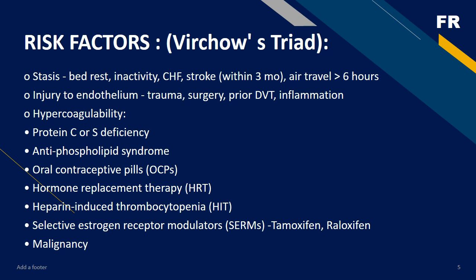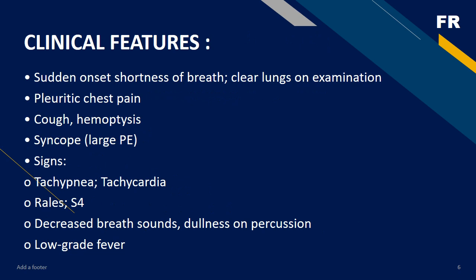Injury to endothelium will occur from trauma, surgery, inflammation. And the hypercoagulable states can include pregnancy, protein C deficiency, antiphospholipid syndrome, OCPs, hormonal replacement therapy, heparin-induced thrombocytopenia, selective estrogen receptor modulators taken in breast cancer, and malignancy.